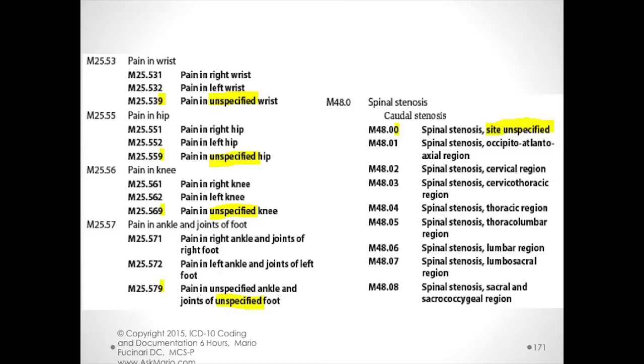Let's go back to some examples I had here, just to go through it. It's not in your notes, but nonetheless it's there. We have M25.53, pain in the wrist. Here we have M25.539, pain in unspecified wrist. That's right, you're not going to use that.